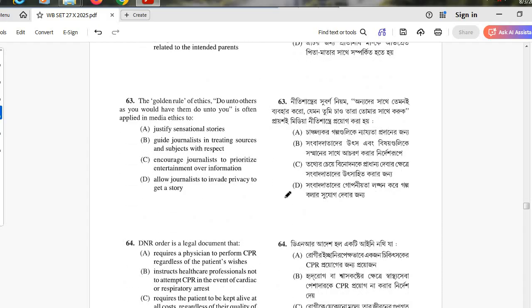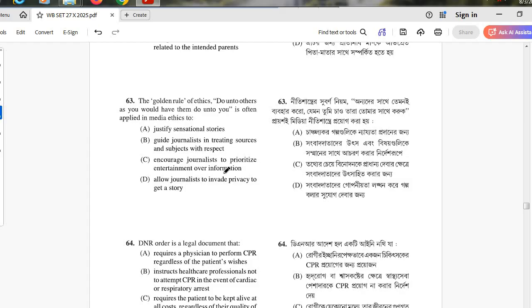Question 63. The golden rule of ethics, do unto others as you would have them do unto you, is often applied in media ethics to A. Justify sensational stories, B. Guide journalists in treating sources and subjects with respect, C. Encourage journalists to prioritize entertainment over information, and option D. Allow journalists to invade privacy to get a story.